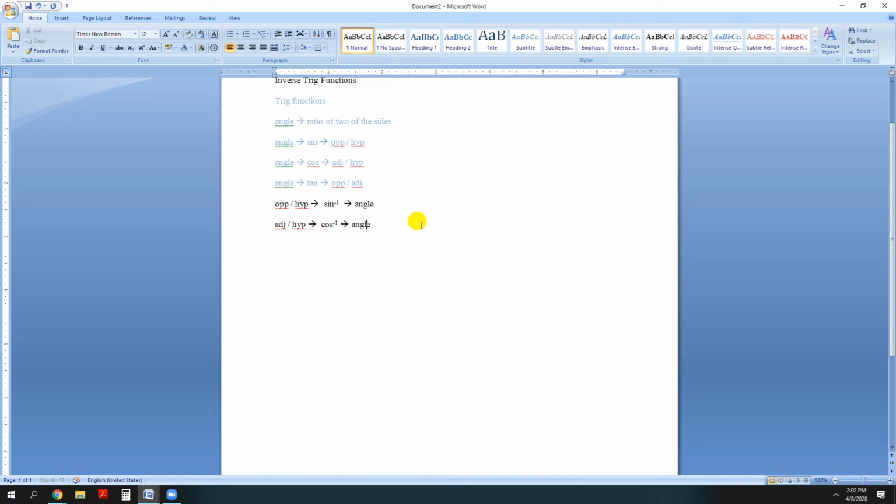And that's going to give us our angle. The last one is going to be the same exact thing. We're going to take the opposite over the adjacent. We're going to give that to inverse tangent. And that's going to give us our angle. Okay?